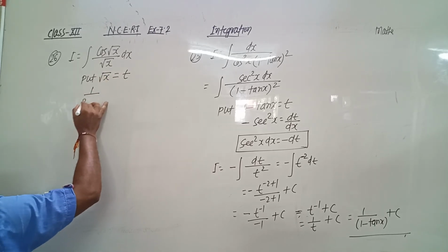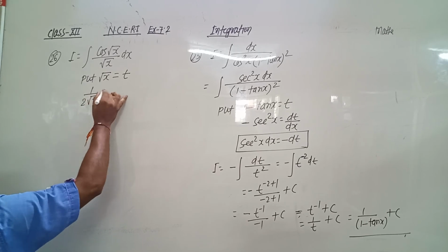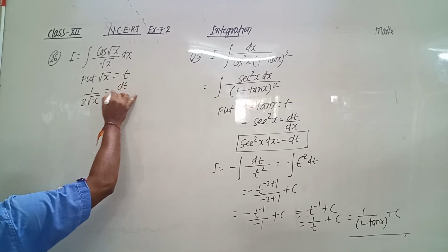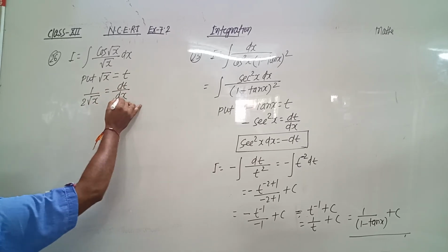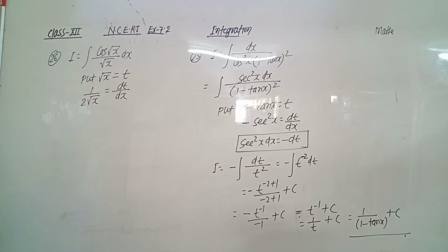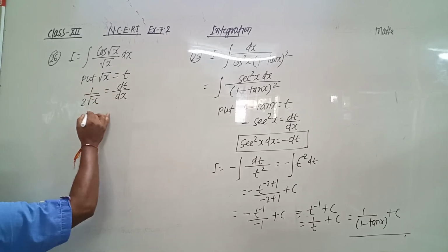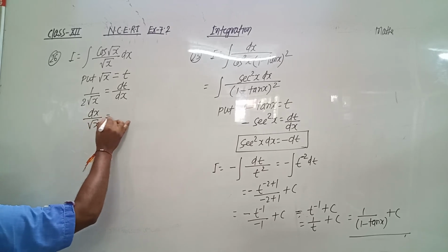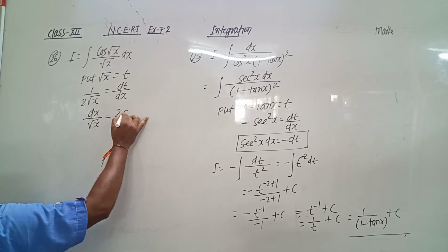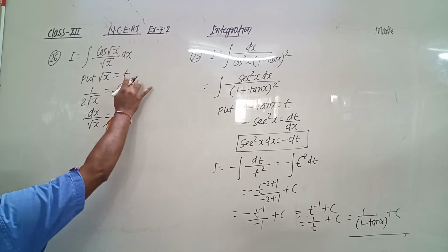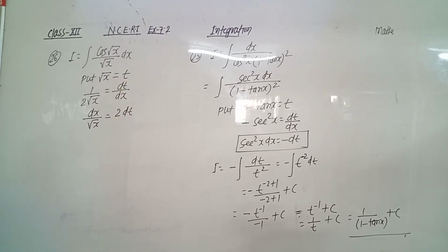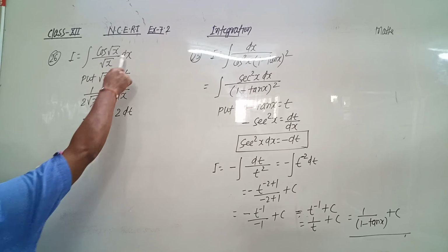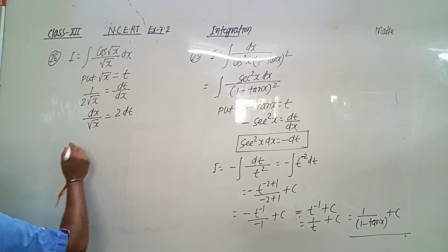Differentiation of root x is 1 by 2 root x, and differentiation of t is dt by dx. Cross multiply, so dx upon root x equals 2 dt. The 2 goes in the numerator, so dx by root x is written as 2 dt.